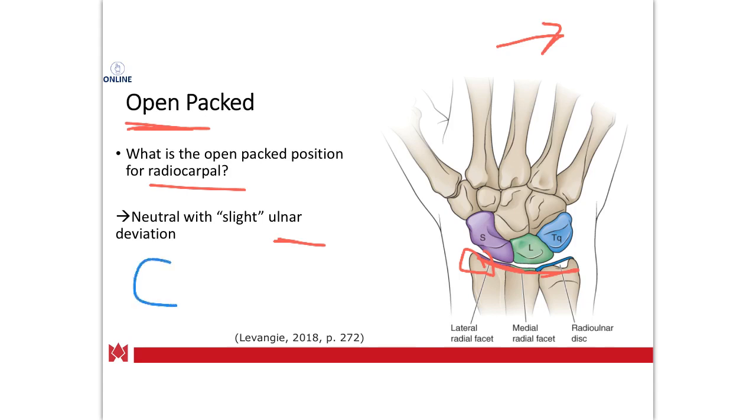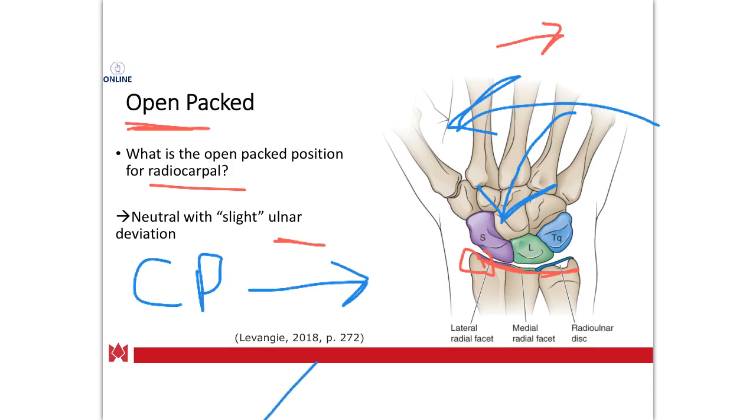So then what is closed pack position? Closed pack is going to be the position where you have generally the maximum amount of bony congruency and fit. And so what would make these joint surfaces between the proximal carpal row and the radius and the ulna more compact? And that would be extension. So I know this is only a two-dimensional picture, but if you can imagine extending the wrist and then adding radial deviation. So extension plus radial deviation is going to give you your closed pack position.